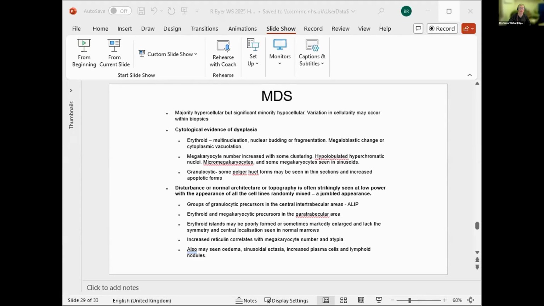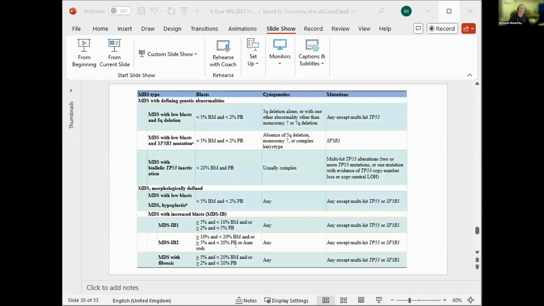So high numbers of megakaryocytes, hyperlobation, micromegakaryocytes, and then in the myeloid series, you get immature myeloid forms and also left shift. And it's not just cytological changes, but architectural changes: immature myeloid cells away from the trabeculae, clustered megakaryocytes, and discohesion of the erythroid islands.